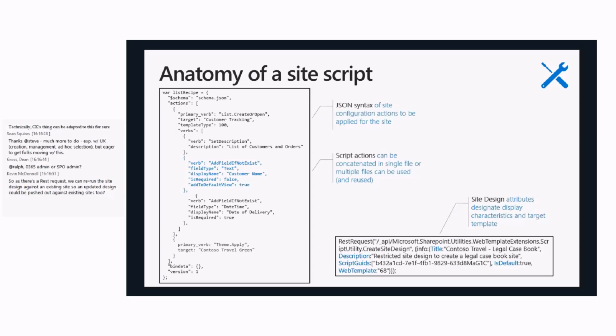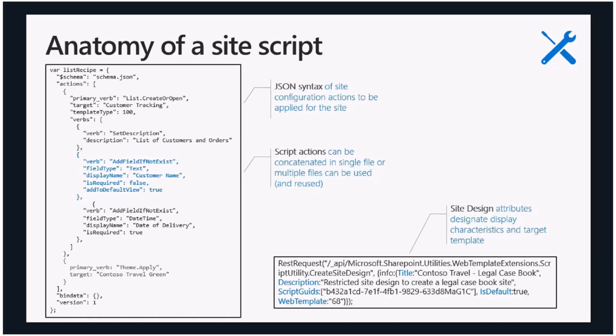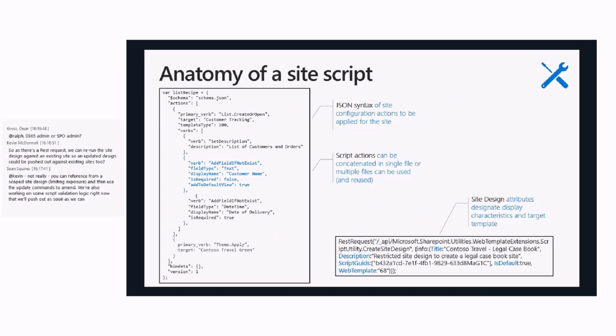And if a site design is a default one, at that point the site design will be applied regardless of the entry point on creating the actual site. Whether you came via Exchange or via SharePoint, in both cases the site design will be applied. And then web template 68, that maybe makes not so much sense for most people, but that's the numeric value of the web template in SharePoint. In this case, it's a web template for a communication site. So a communication site is 68, a regular modern team site is 64.